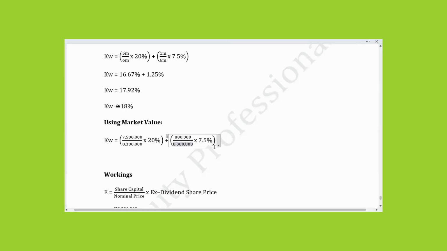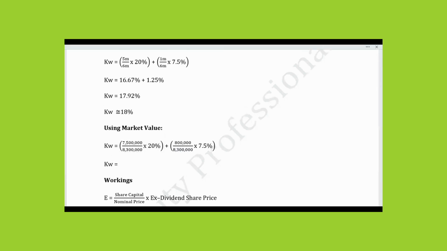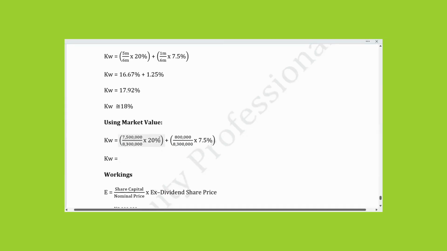Then multiply by after-tax cost of debt. So my WACC will then be equal to 7.5 million divided by 8.3 million multiplied by 20. What do you have? 18%. No, give me from the left. 7.5 divided by 8.3 multiplied by 20.